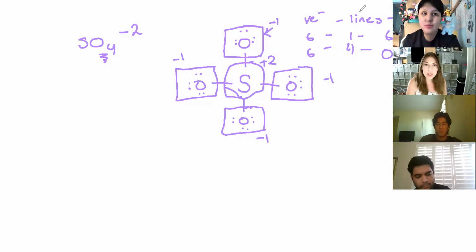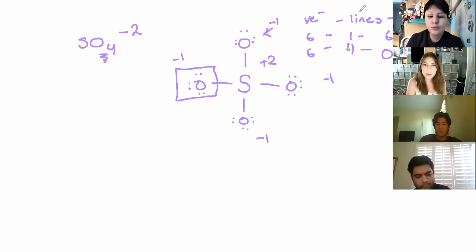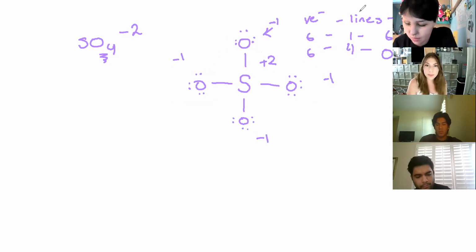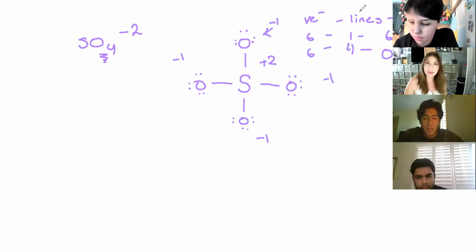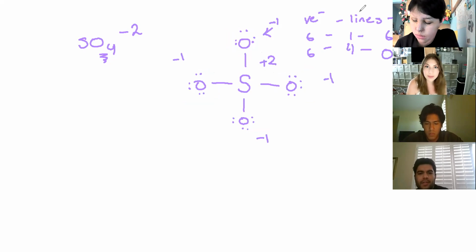Just taking a look at this, what do you think we can do to get rid of some of these charges? You can double bond two of the oxygens to sulfur, and that brings sulfur down to 0.